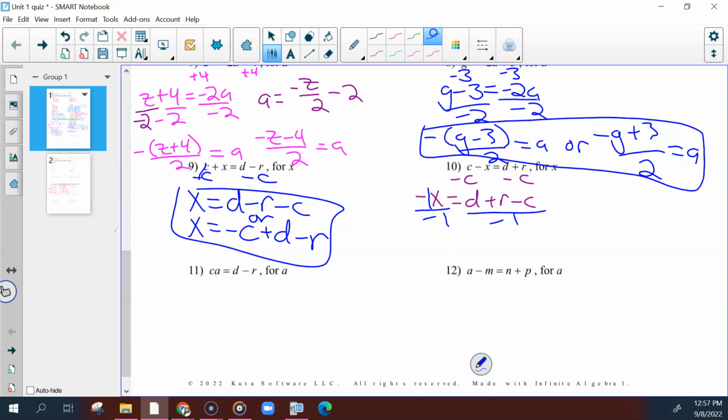You can't just divide it and leave it. This would become a negative d, a negative r, and a positive c. So all of your signs would change because you're dividing by a negative. Does anyone need or want to see the second way to do this one?